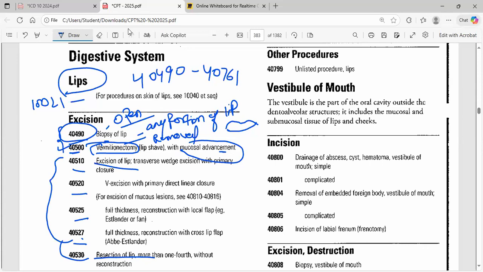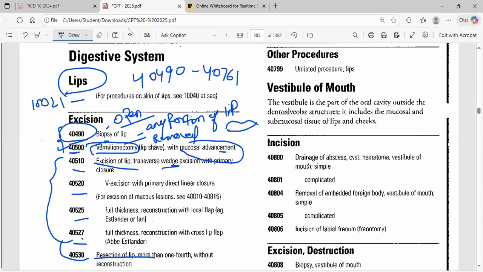So when the lip has been excised, which includes the cutaneous, vermilion, and the mucosal area, when these three areas from the same site have been removed, we are going to use the 40510 series. This series is based on the type of excision.